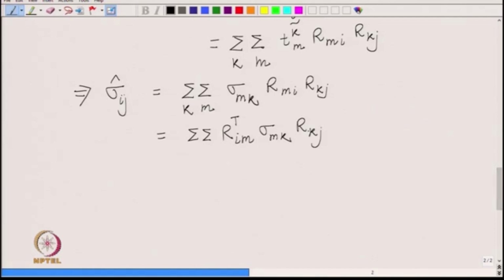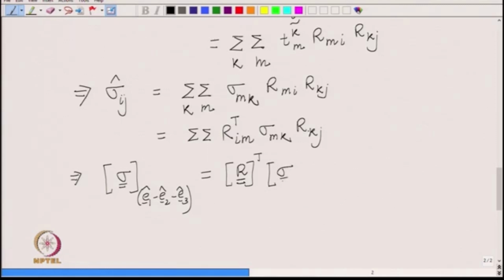So, if you try to write this equation in the matrix form, then this is simply the sigma matrix in the hat coordinate system, which is E1 hat, E2 hat and E3 hat, that is equal to the rotation matrix transpose times the sigma matrix times the rotation matrix.